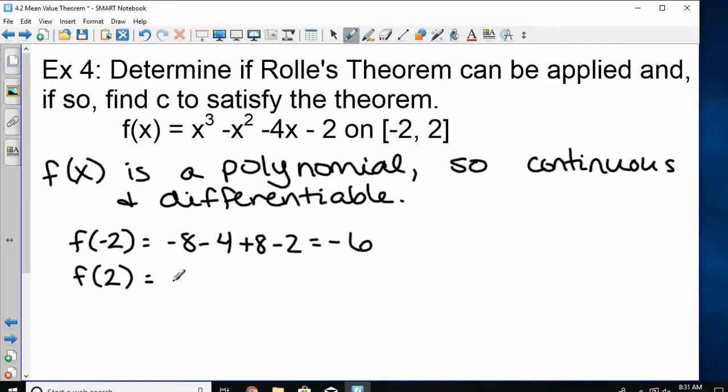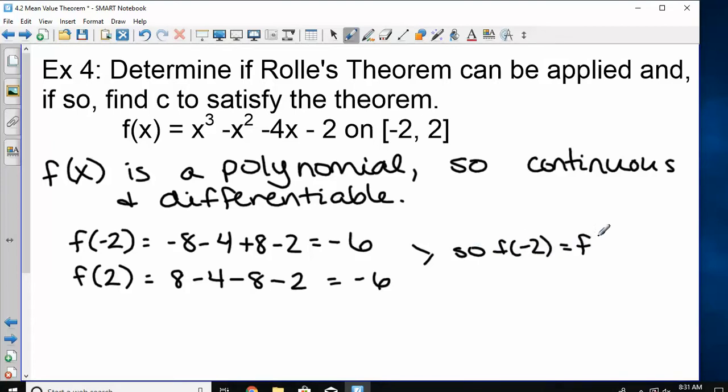If I put in a 2, 2 to the third is 8, minus 4, minus 8, minus 2, and we get -6. So my endpoints are equal. That's the third requirement. Okay, since those three requirements are true, we can do Rolle's theorem.